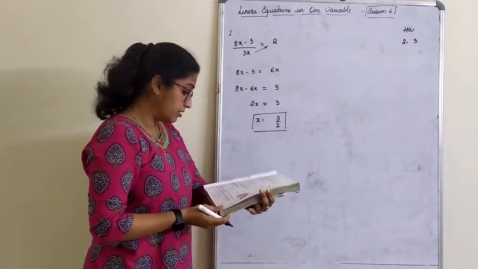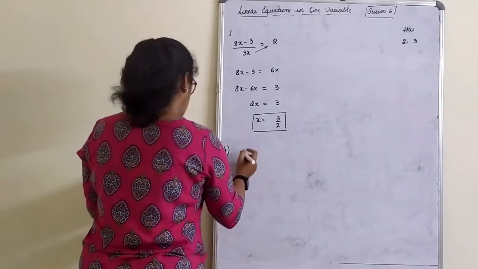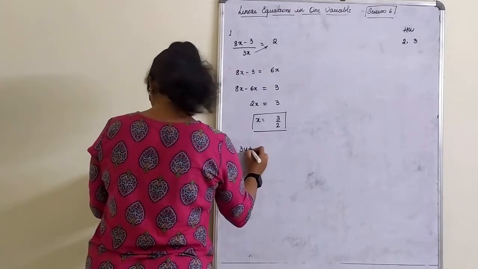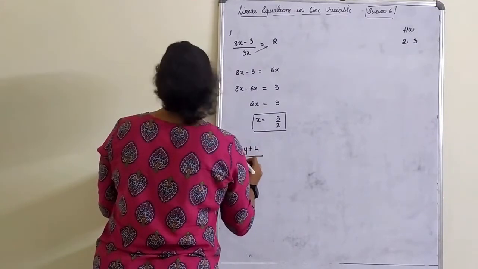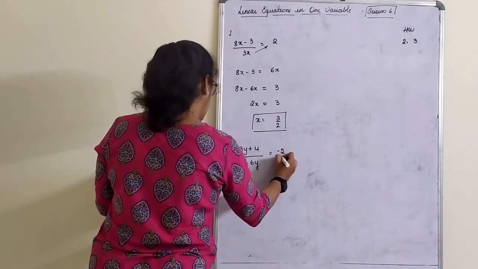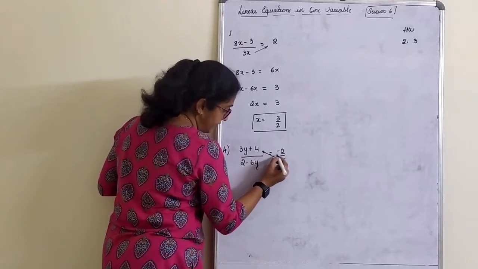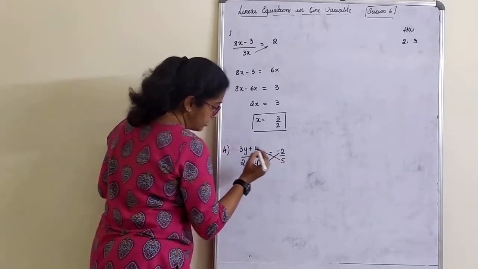Next one, second and third is marked for homework. Fourth one, (3y plus 4) divided by (2 minus 6y) is equal to minus 2 by 5. Here, cross multiply 5 with this, cross multiply minus 2 with this.